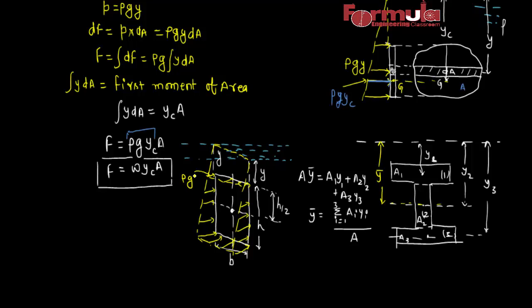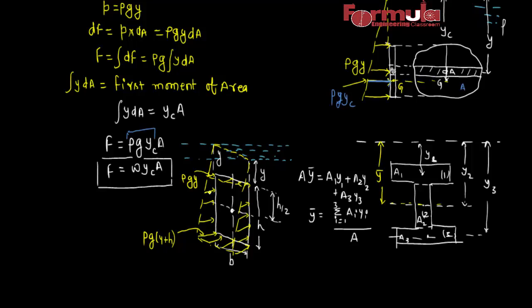Now the pressure intensity at the bottom edge: the bottom edge is at a distance y plus h from the free surface, so this pressure intensity will be rho g (y plus h). You can see this is varying, so as it is variable, we can't multiply the pressure intensity directly by this area. That's why we have to find the average pressure intensity acting on this vertical plane surface.